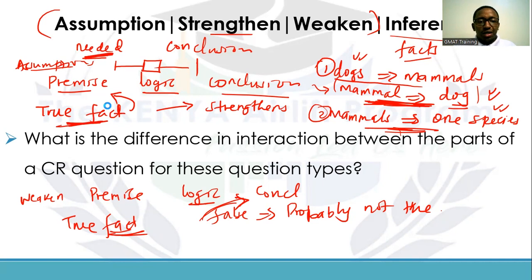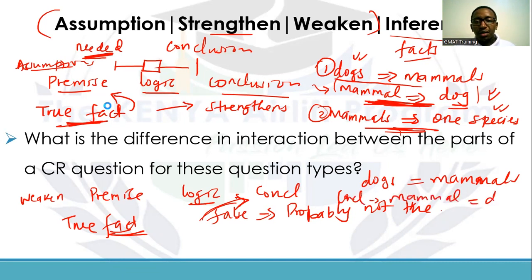So back to our example here, we have dogs are mammals, and we have our conclusion as any mammal you see is a dog. And then now we have our extra fact in one of the answer choices that says mammals are made up of two species. So what does this extra information do?